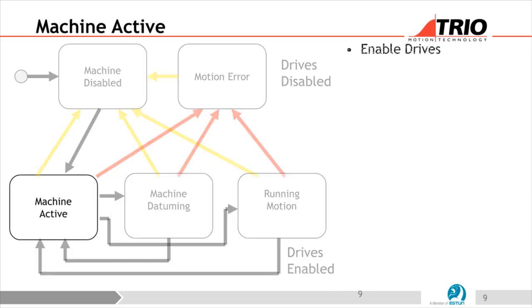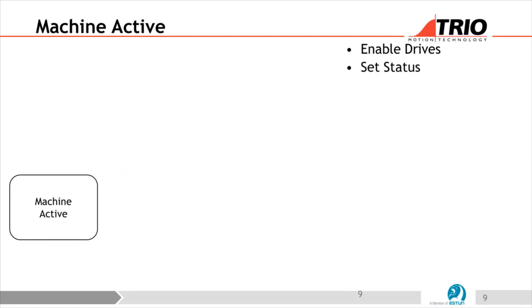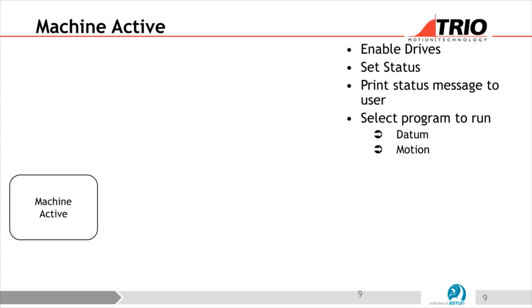Okay, so in the active state, we've enabled the drives, and we want to set the status up. There's the ability to go to one of two programs now, the datum or motion, or we can exit back to machine data.